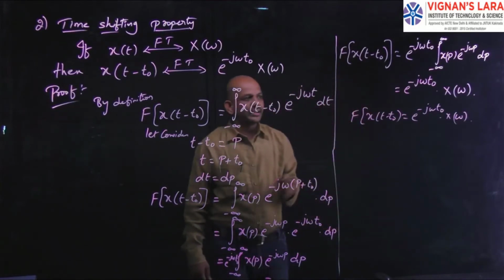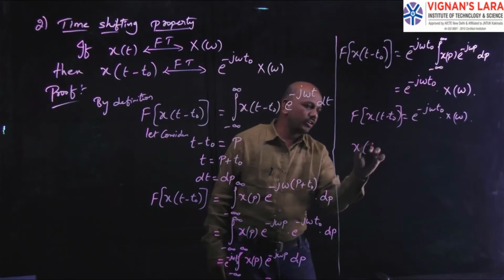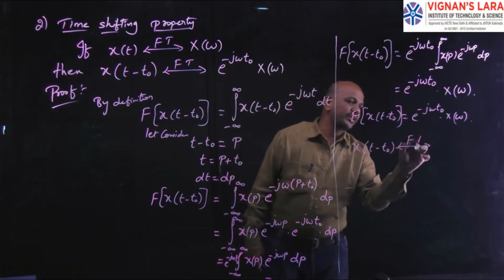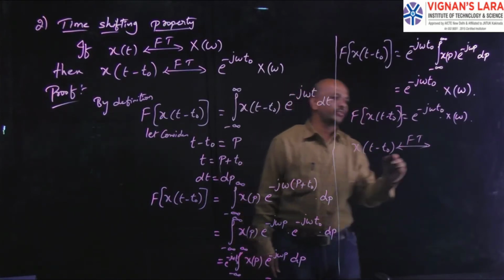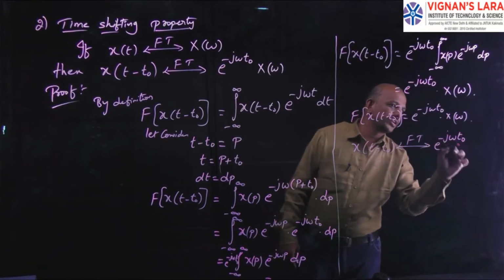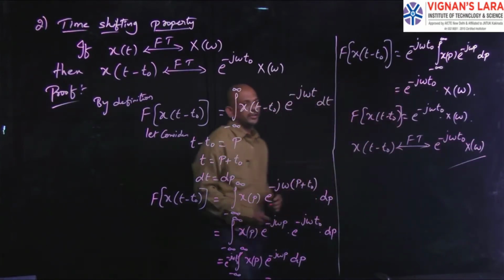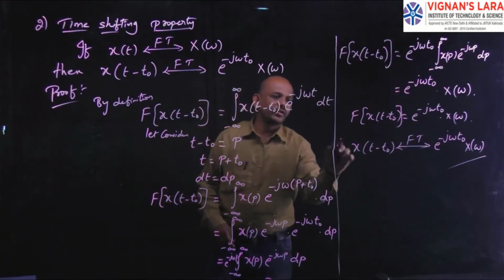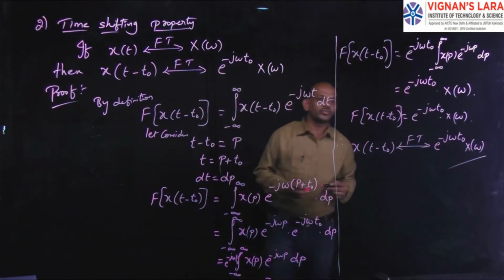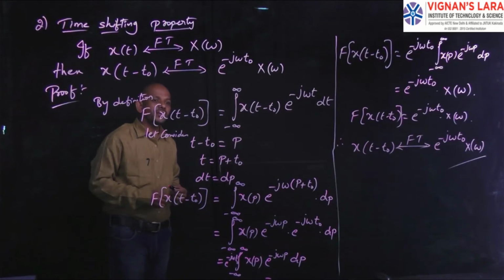Or you can write like this also: x of t minus t naught will have a Fourier transform e power minus j omega t naught into capital X of omega. So finally we can write, therefore, x of t minus t naught will have a Fourier transform e power minus j omega t naught into X of omega. Hence proved. So this is how to prove the time shifting property.